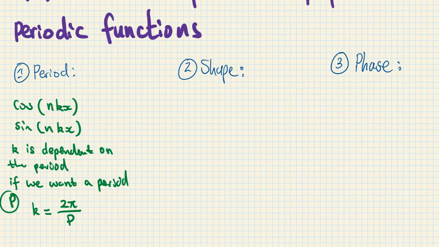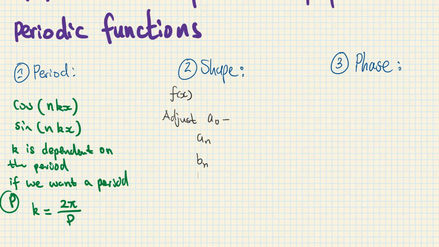Next, how do we represent the shape of the function? Well, we are already given the shape, let's suppose, given as f of x. And the way that we can make our Fourier series represent that f of x is that we adjust a sub 0, a sub n, and b sub n.